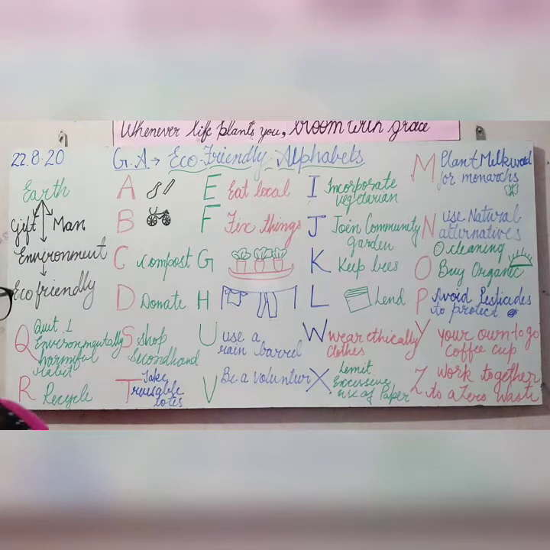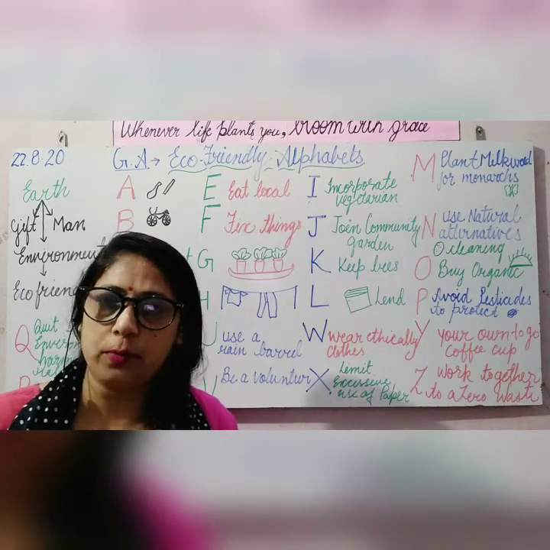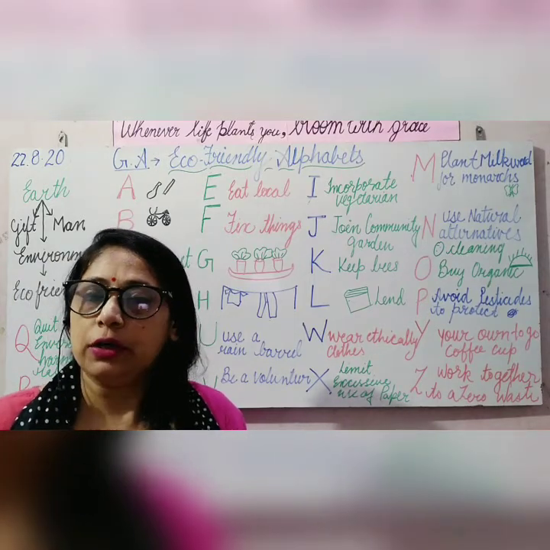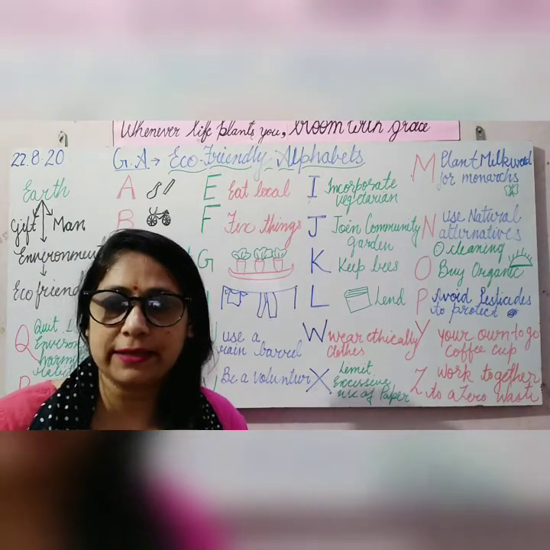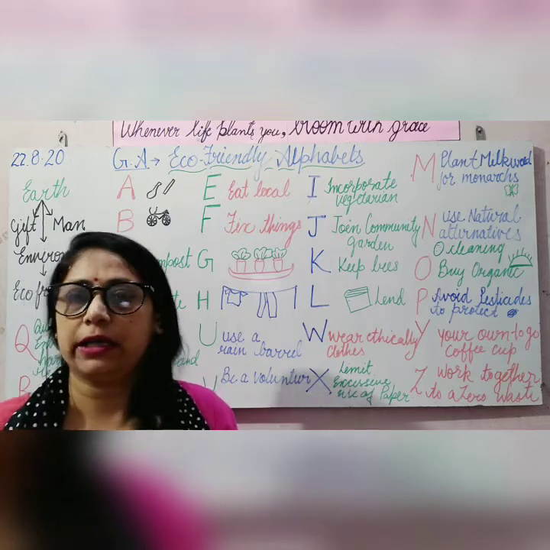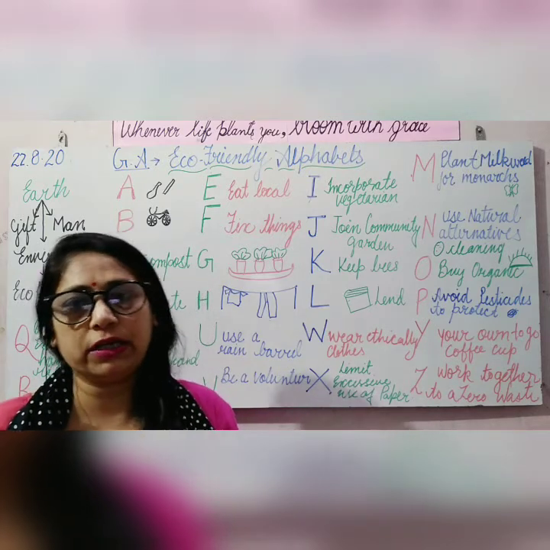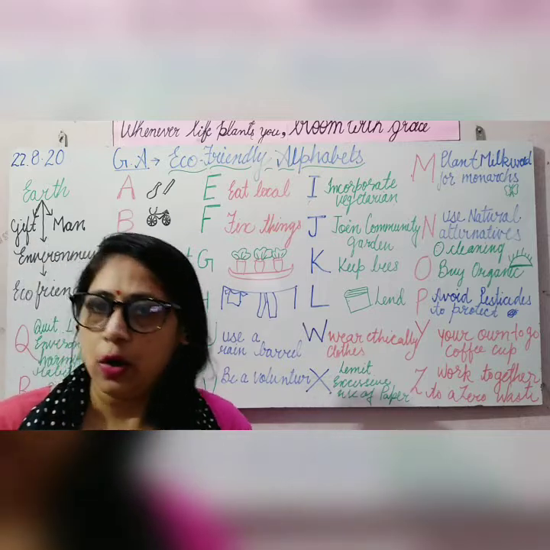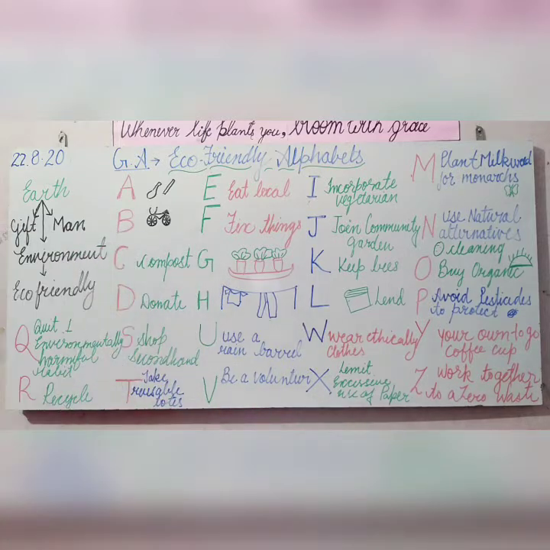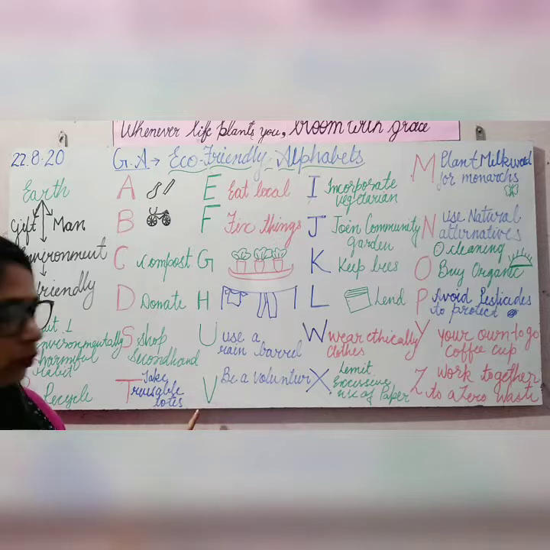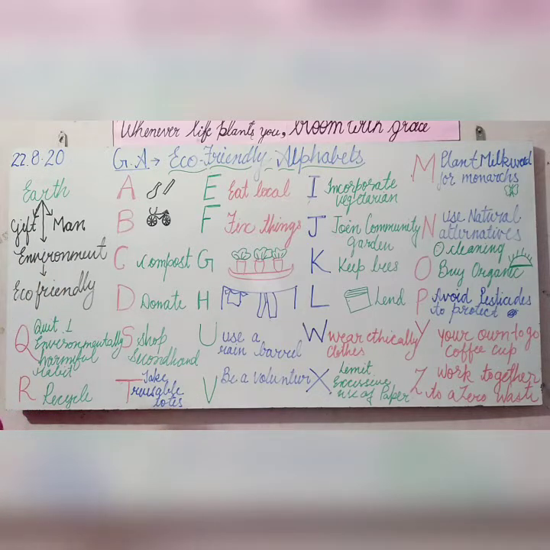So whenever we go to the grocery shop, we should take the bags that are reusable like cloth bags because they are durable also and we can use them again after washing. Clear? So we should always take reusable totes whenever we go to the grocery market.